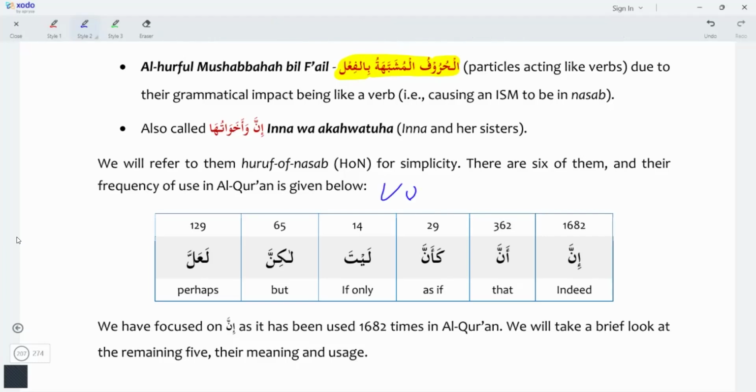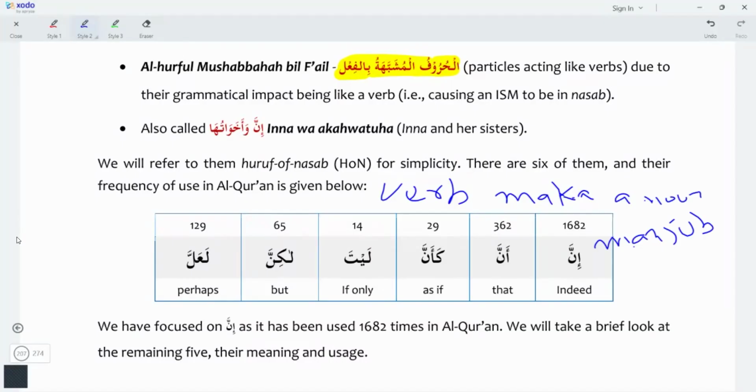A verb makes a noun mansoob. When we use the verb, then that verb can make the ism mansoob.